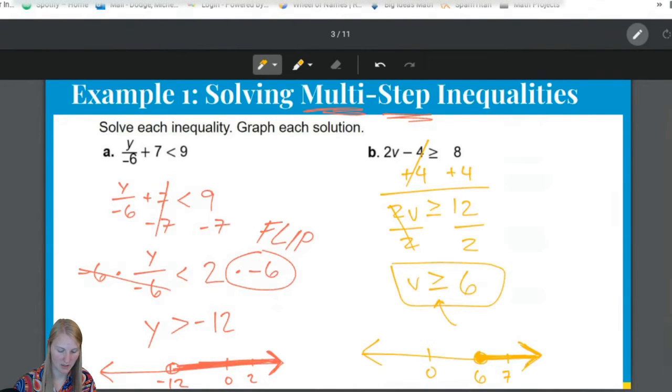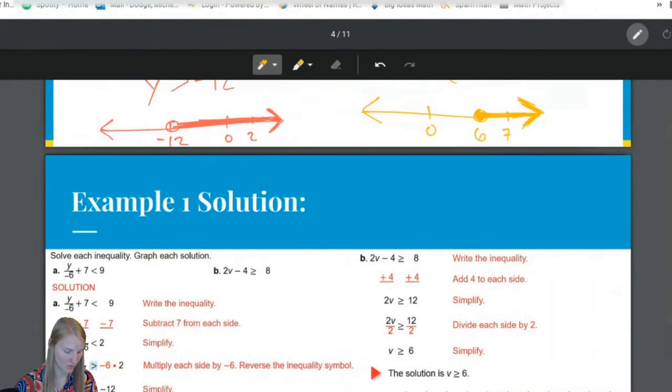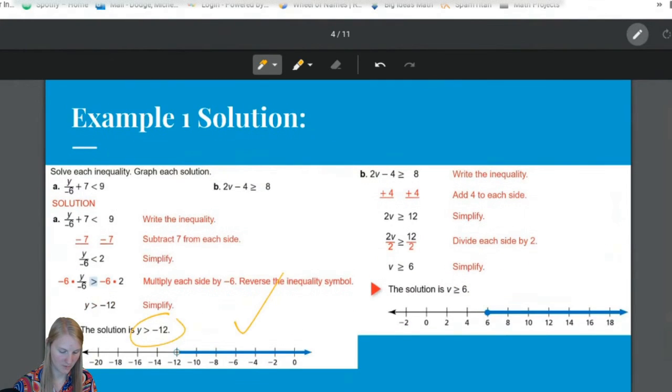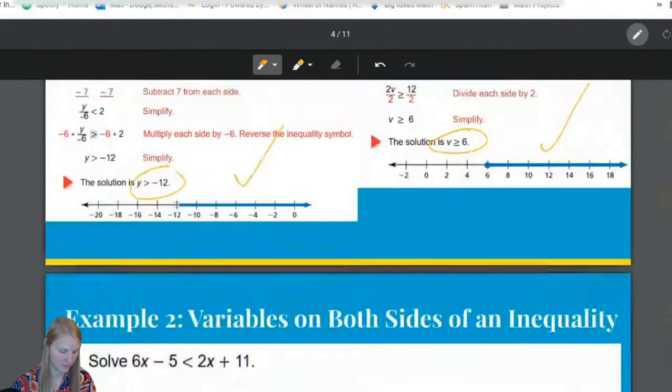So we're going to draw a nice big bold arrow. Ta-da! Let's check and see if we were right. y is greater than -12. Booyah. And v is greater than 6. Booyah. It looks beautiful.